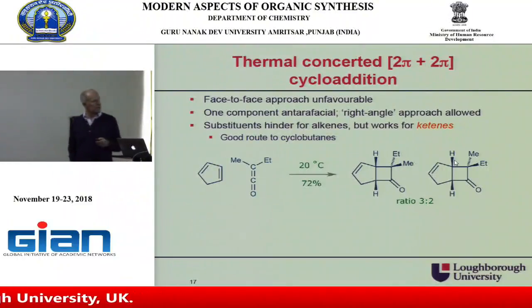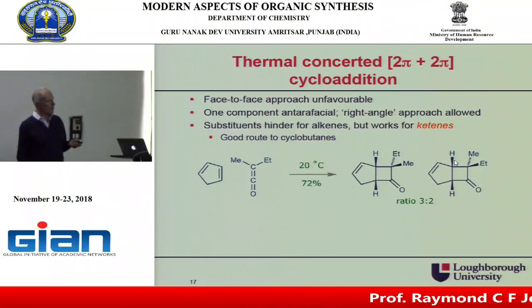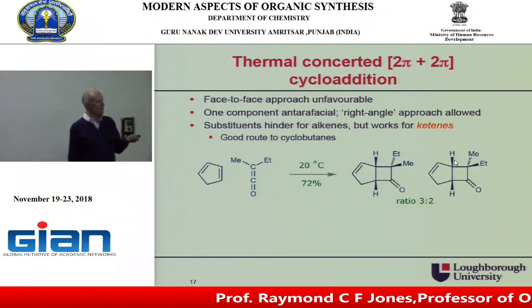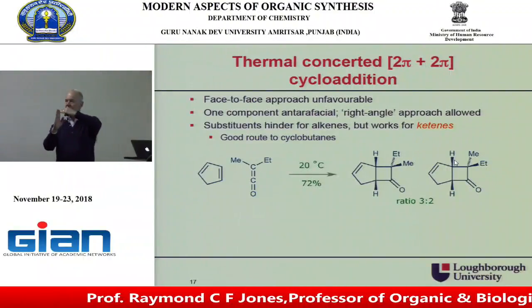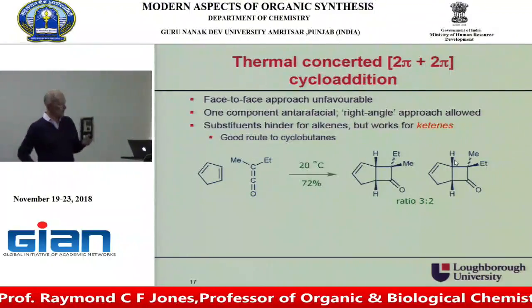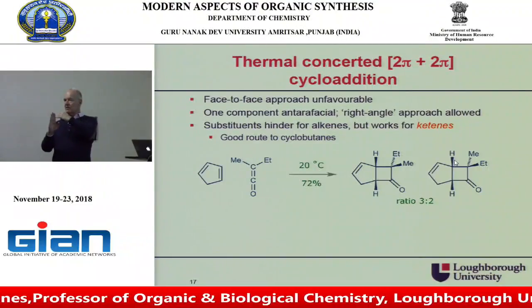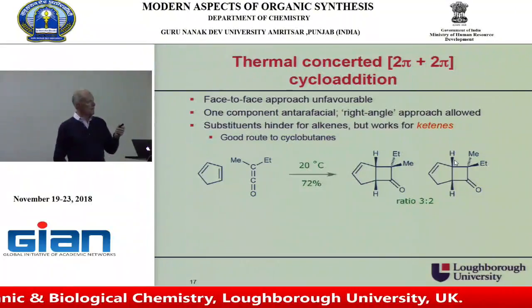You can get it to work if you don't use the face-to-face, direct suprafacial approach. One component would have to be antarafacial. You have to have a kind of right-angled, crossed approach of the two alkenes together, which really means you can't get such good orbital overlap anyway, because the orbitals can't overlap end to end properly.